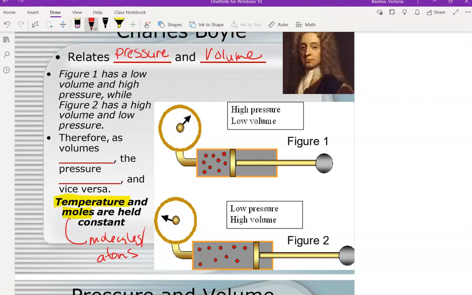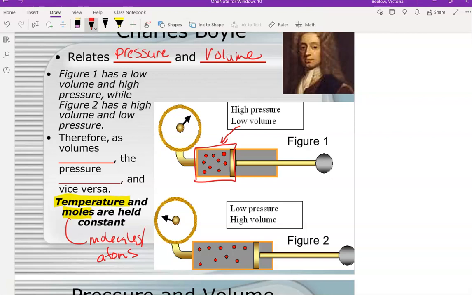So if we look at figure 1 here, if we put these molecules into a very confined space, so a very low volume, a smaller amount of space, the pressure is going to be very high because these molecules don't have a lot of space to move around.